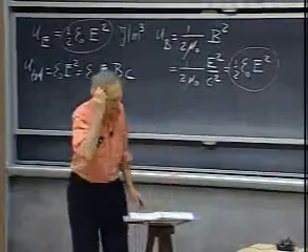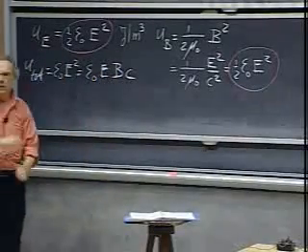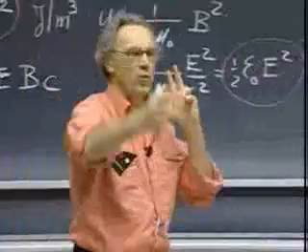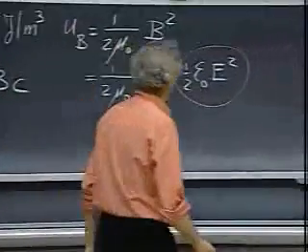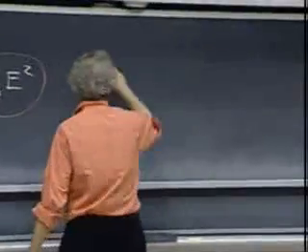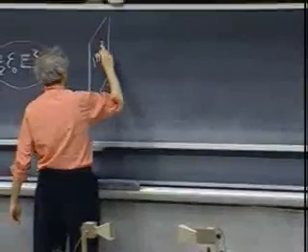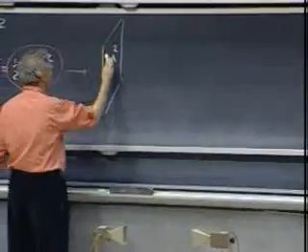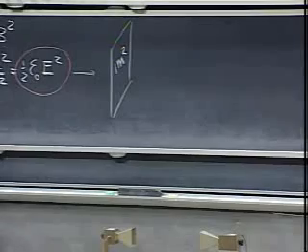Now I want to ask the question, if electromagnetic waves come by me, how much energy passes through 1 square meter? It's like an energy flux. And so I have here 1 square meter, and this 1 square meter is perpendicular to the direction that the electromagnetic wave is going.